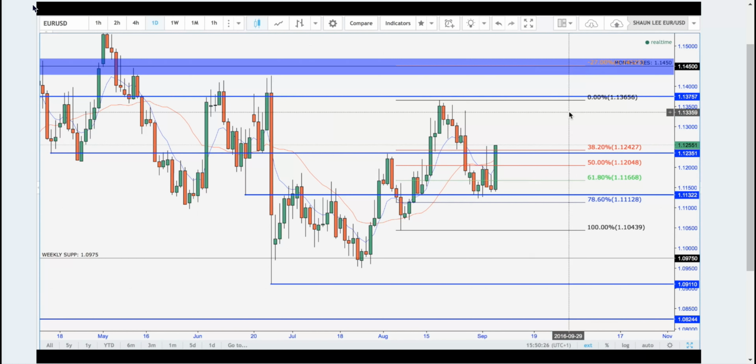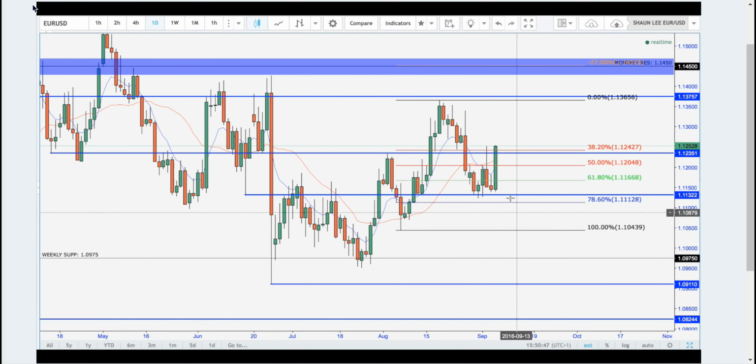Now what we can see here on the Euro is a Fibonacci retracement, and we're looking at the 61.8 level. This 61.8 level is more or less, I wouldn't say it's bang on alignment with our daily support at 1.1132 over there.